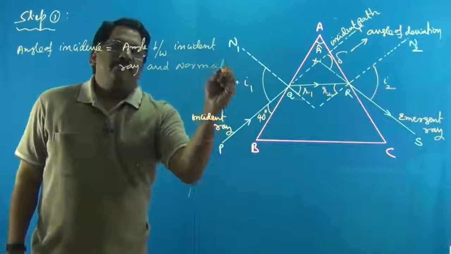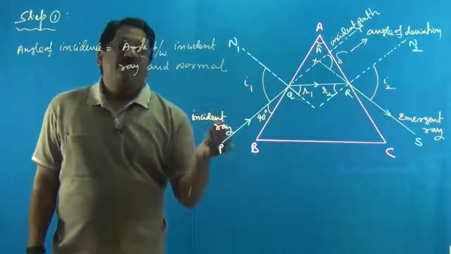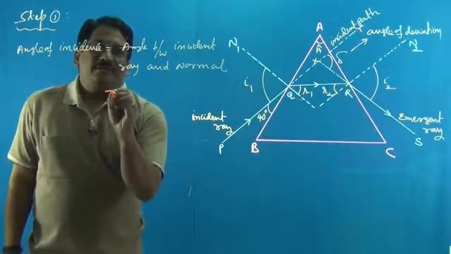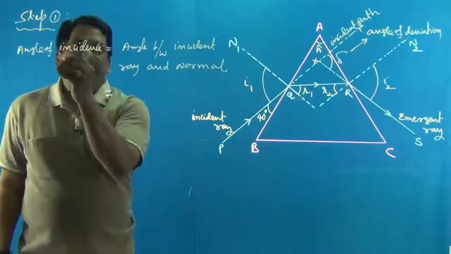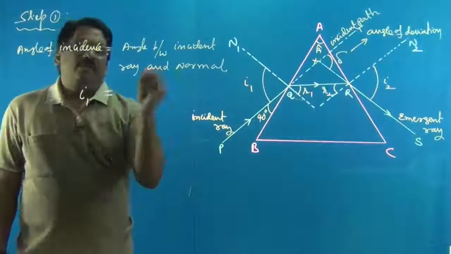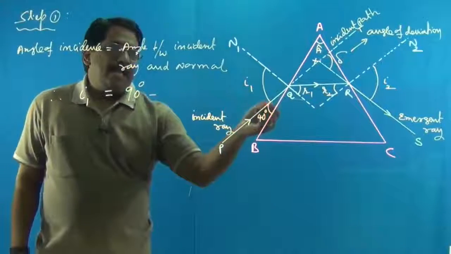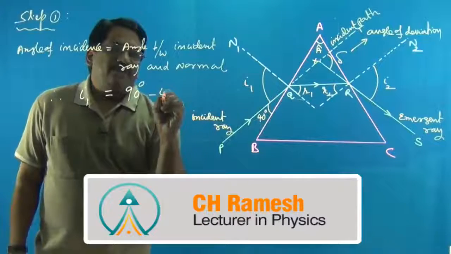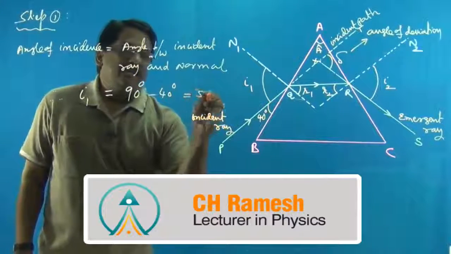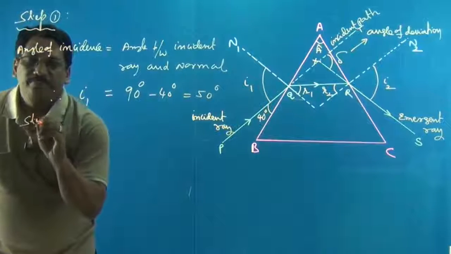Angle of incidence and angle of refraction are always measured with the normal, and the angle of incidence is being shown as I1. Let's say that I1 is equal to 90 degrees minus the angle made by the ray with the face, which is 40 degrees, and this is 50 degrees.